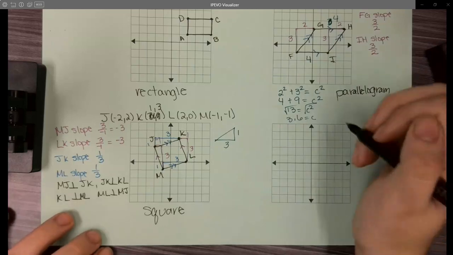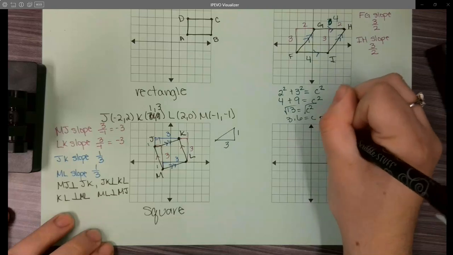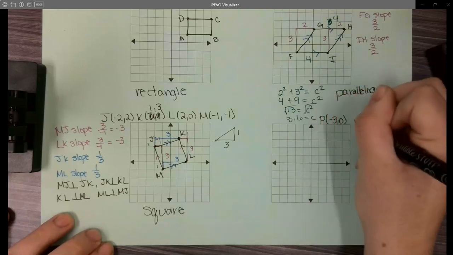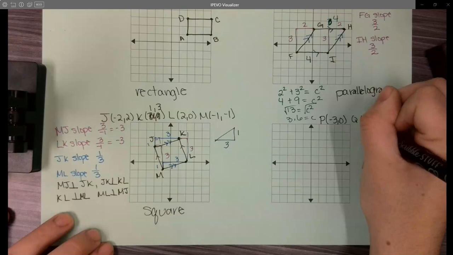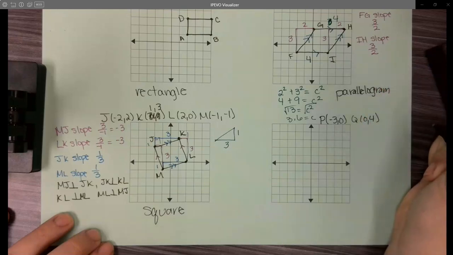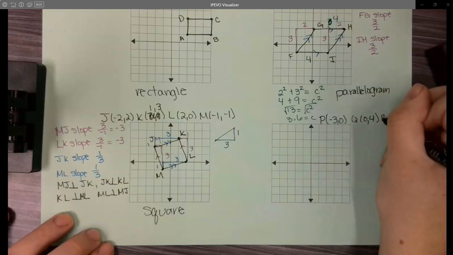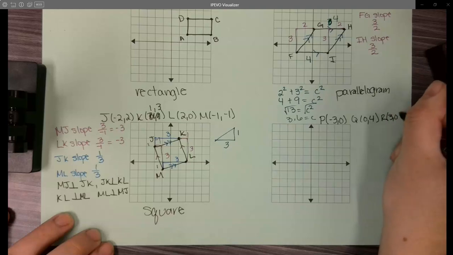Okay. My last one is P is -3, 0. Q is 0, 4. R is 3, 0.